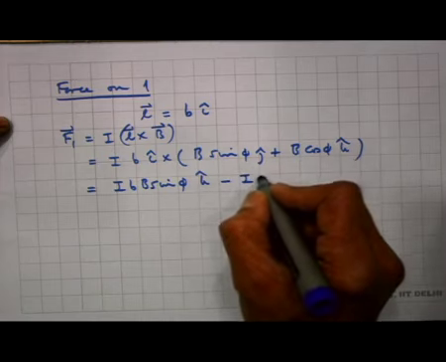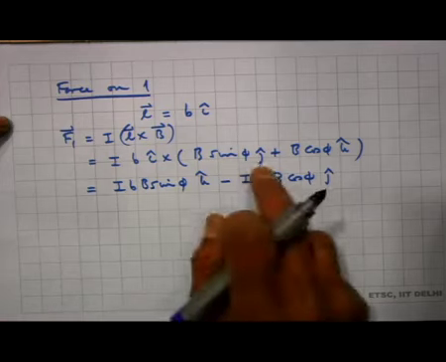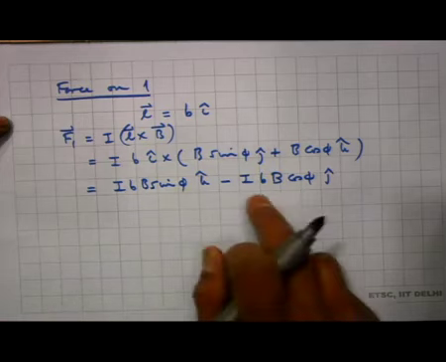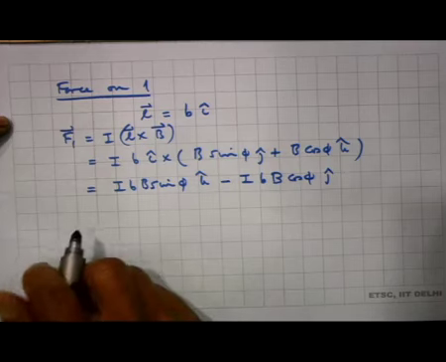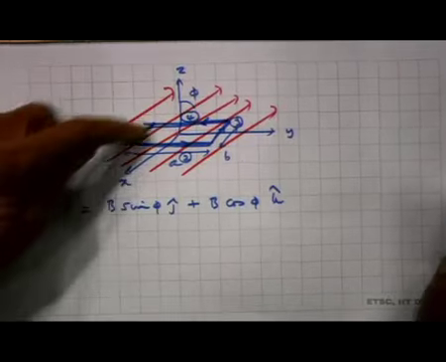So, I b B cos phi j cap with a minus sign. So, that is the force F 1 acting on this part of the current loop.